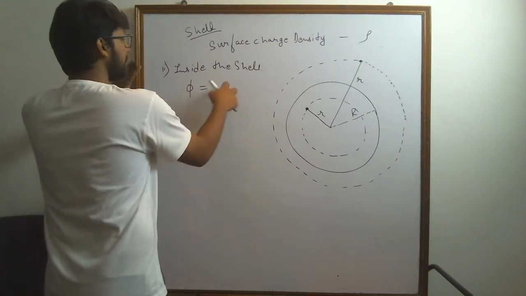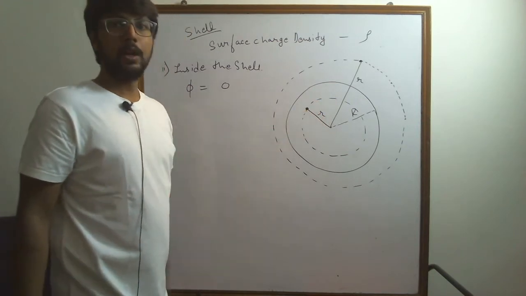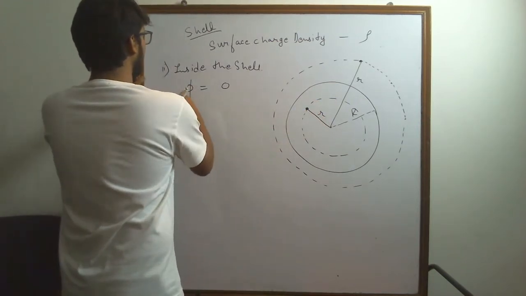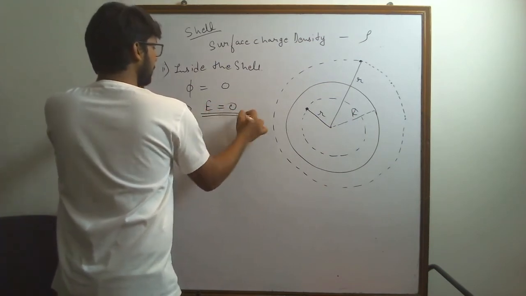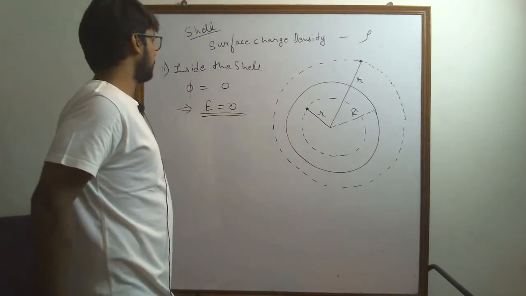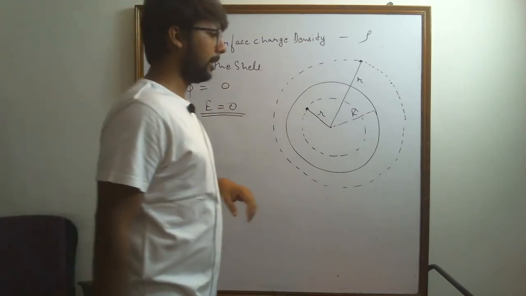Why? Because flux was equal to Q upon epsilon naught. Q is 0 in this case because there is no charge encapsulated, which implies, if flux is 0, the electric field inside is 0. It's as simple as that. Just logic. Okay, the electric field inside the spherical shell is 0.